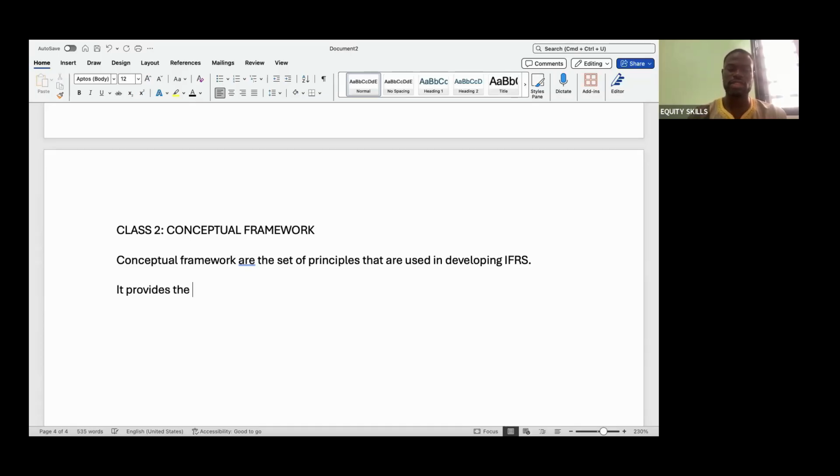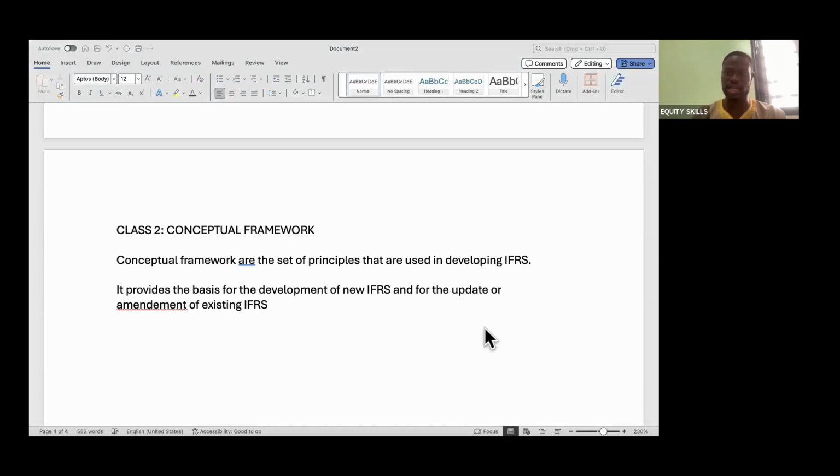it provides the basis for the development of new IFRS and for the updates or amendments of existing IFRS.